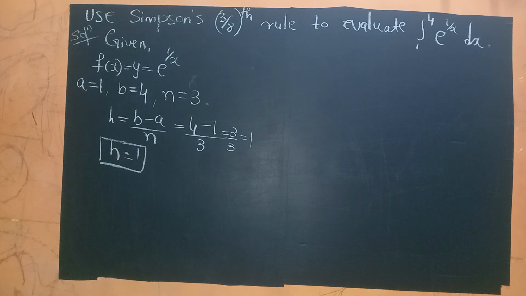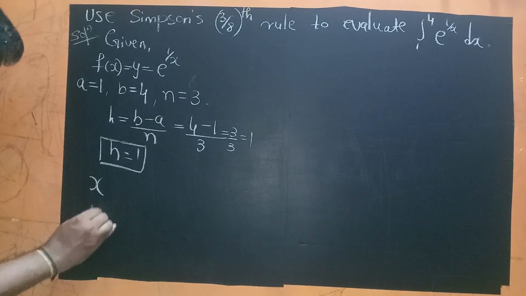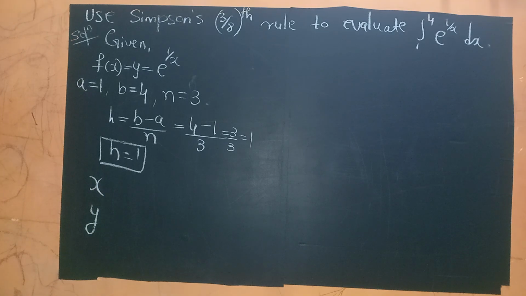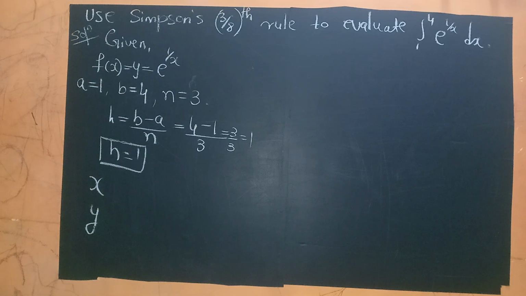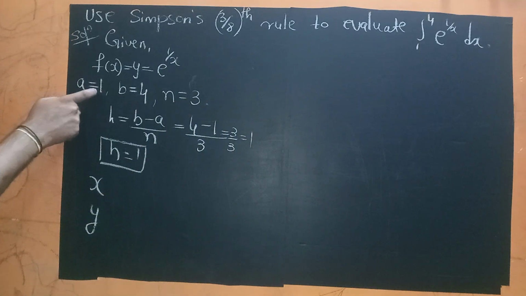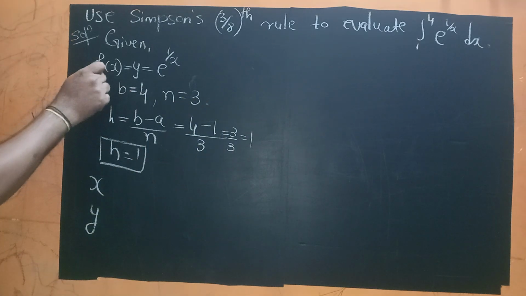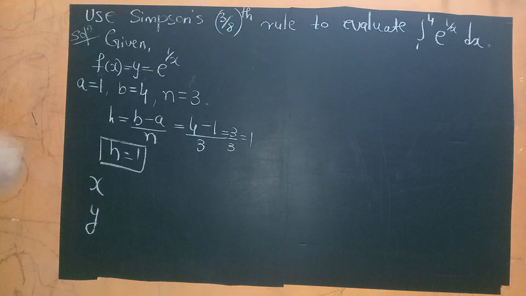Also we have to find the corresponding function values for each x value. Please remember, most students make the common mistake of starting straight away from 0 to 4. Be careful, because here the interval is clearly given as 1 to 4. Therefore our starting value is 1 and the last value is 4.